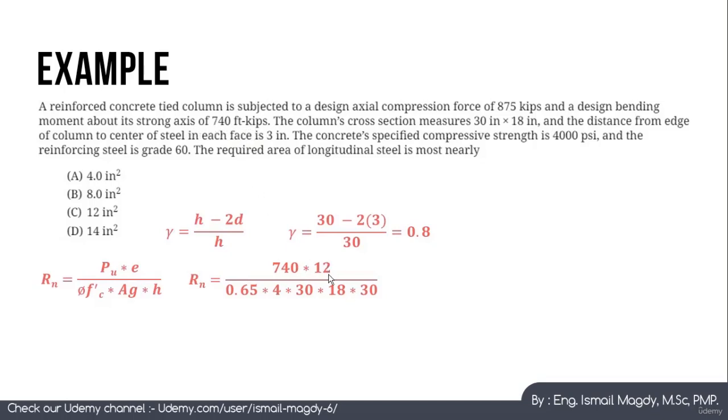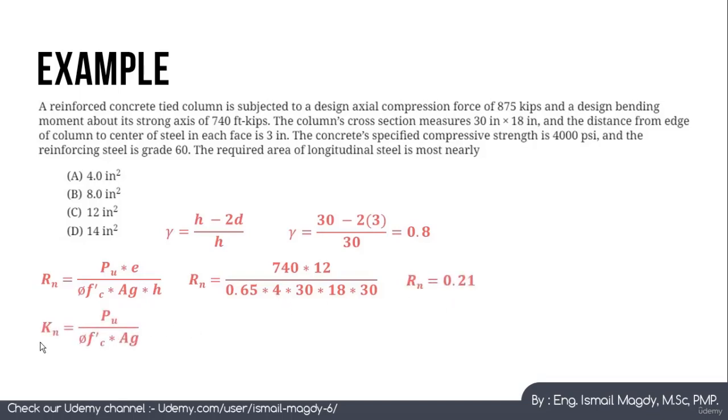We will multiply by 12 to get it in inches, over phi 0.65 for columns, multiplied by the gross area, which is 18 multiplied by 30, and f'c equals 4. Based on that, we get that Rn equals 0.21.